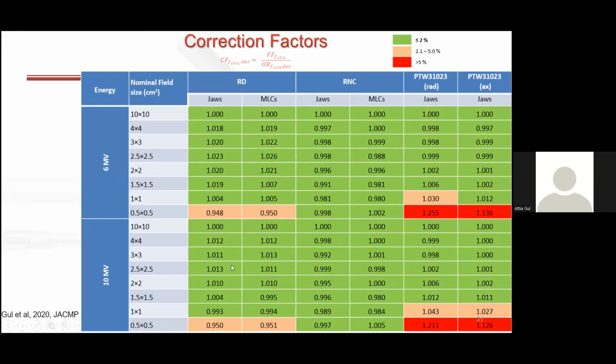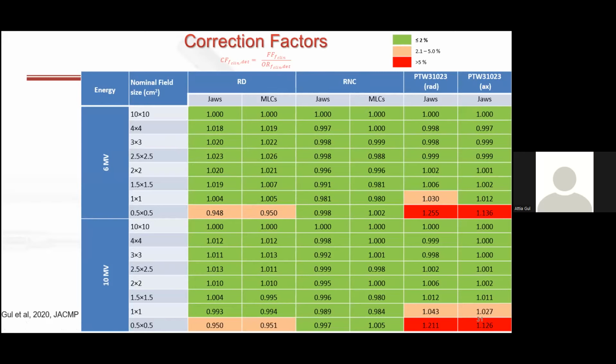Here, all green entries, these correction factors are less than 2%. Therefore, these detectors can be used in these field sizes without applying any correction factor. But for the pink ones, the correction factor is in the range of 2 to 5%, and therefore we should use these correction factors when we use these detectors in these field sizes.